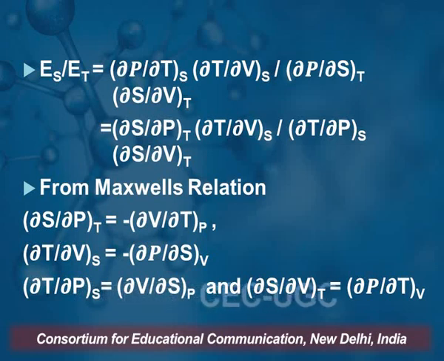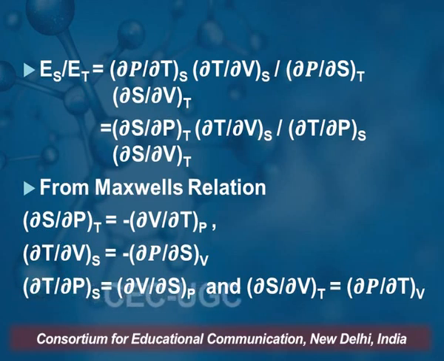We have taken the denominator first term, delta P by delta S at constant temperature, into the numerator, and we have taken one term of the numerator into the denominator.